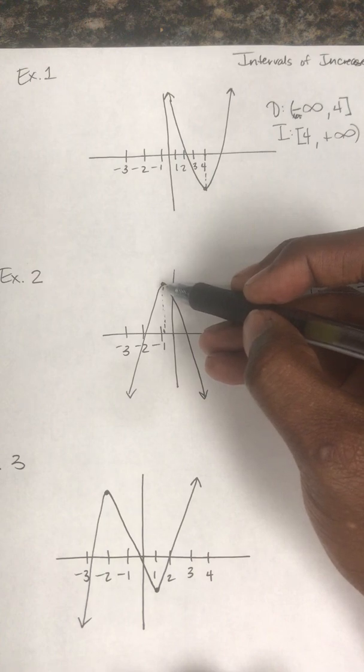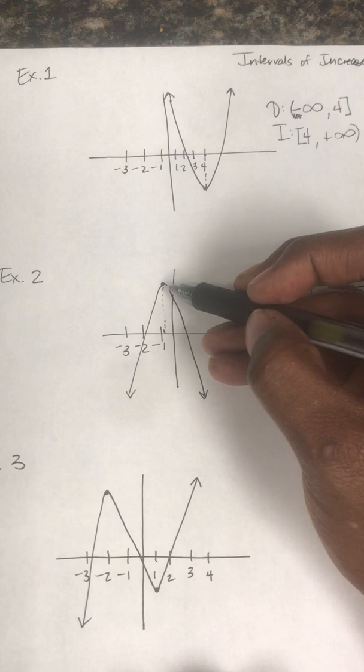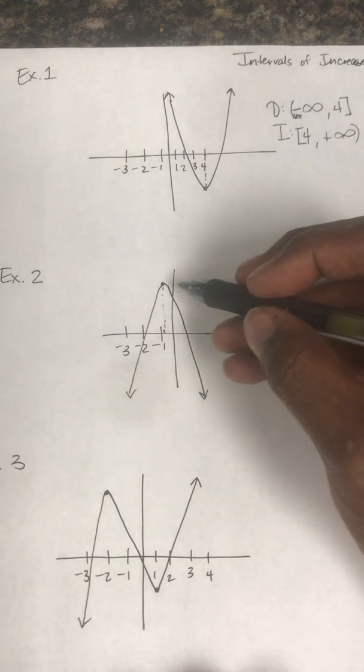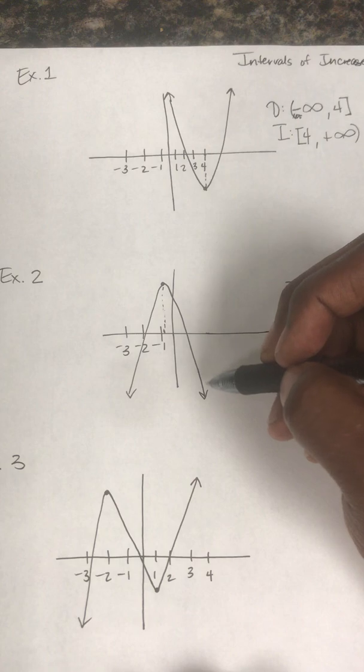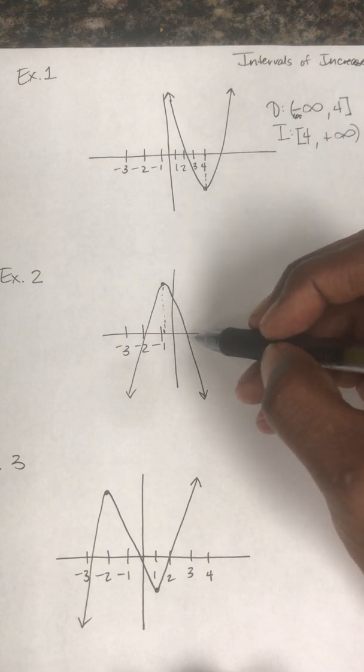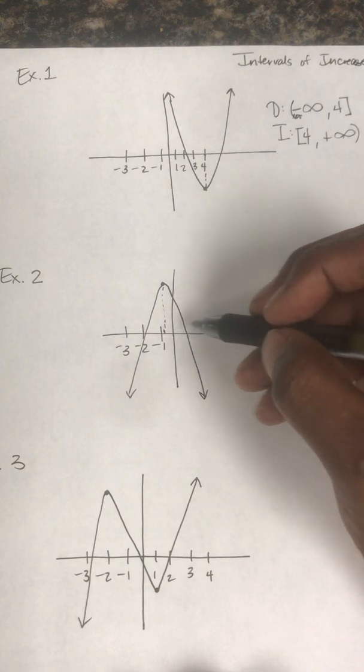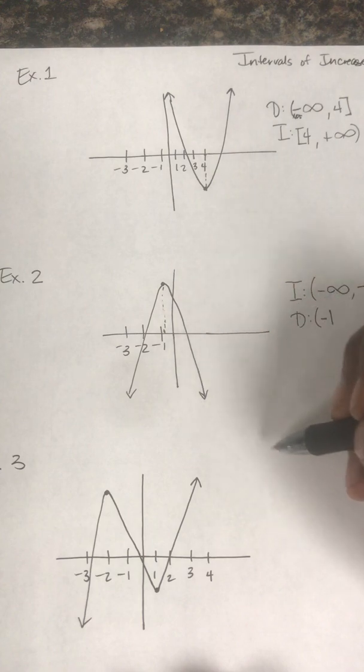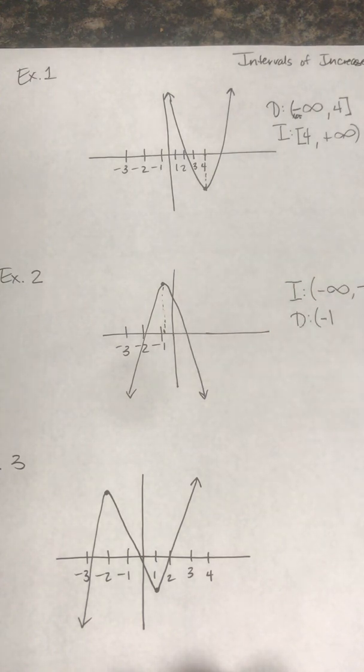Wherever you stop is where you start the next interval. So again, negative 1, and then this time, even though it's pointing down, remember what I said, we're looking at the x-axis. Eventually, if we could follow this graph out, it would get all the x's on the right side of our graph. Therefore, positive infinity.